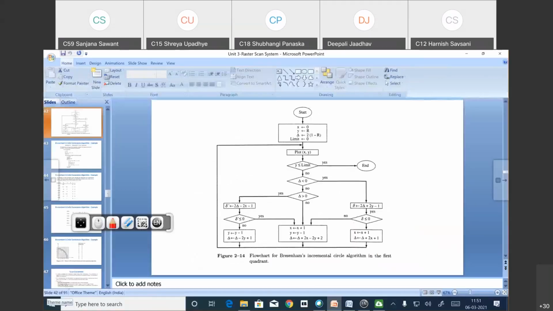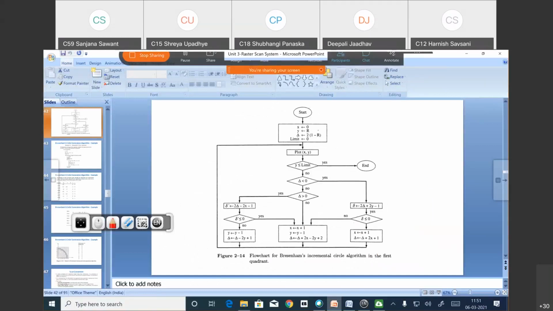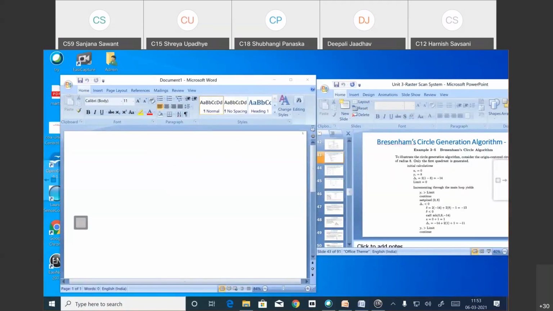Okay, now see here, I am going to open two windows. As an example, we are going to consider an origin centered circle of radius 5.